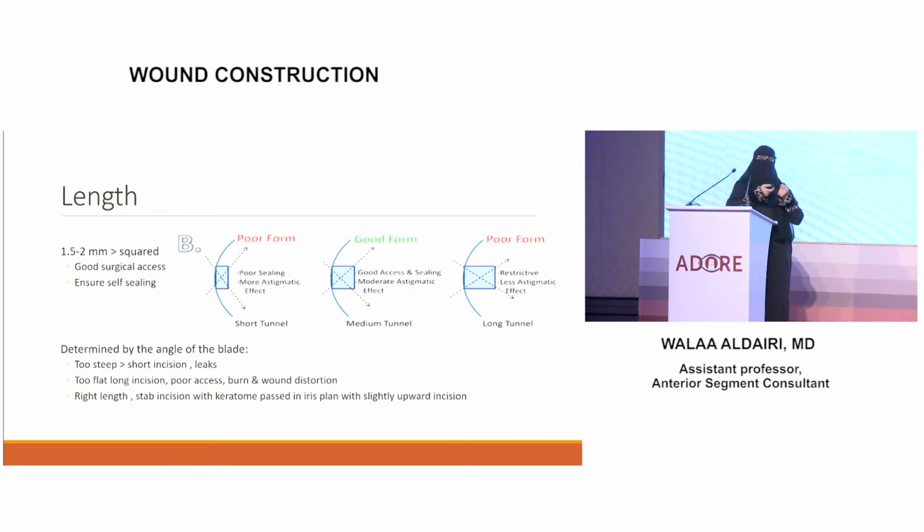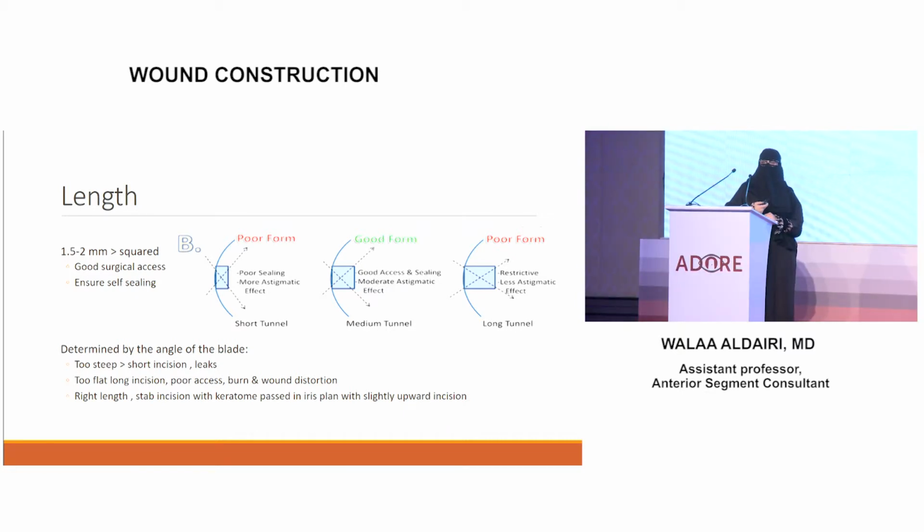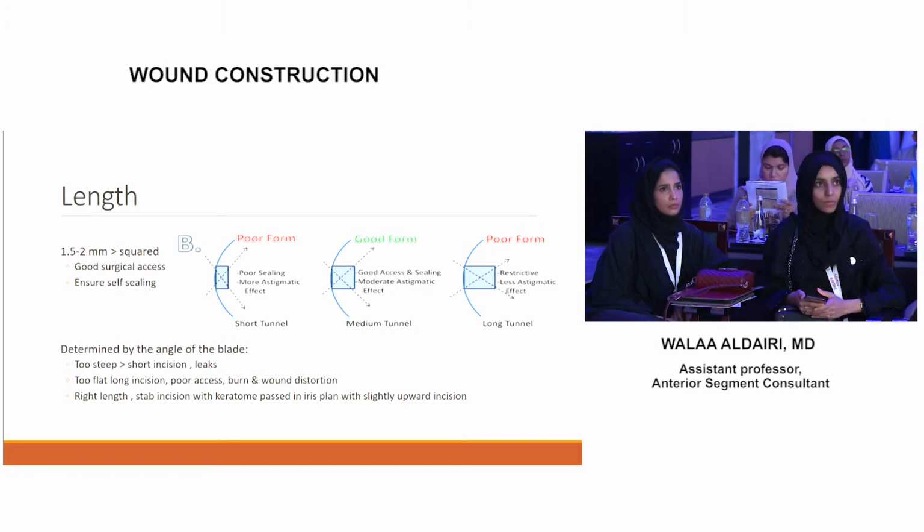You will press your instrument downwards, and this will distort your cornea and give you poor visibility. Keep in mind that your irrigation port of the phaco might be within the tunnel, and this will increase the risk of corneal burn. So the right length is achieved by doing a stab incision with a keratome passed in the iris plane with slightly upward angulation.